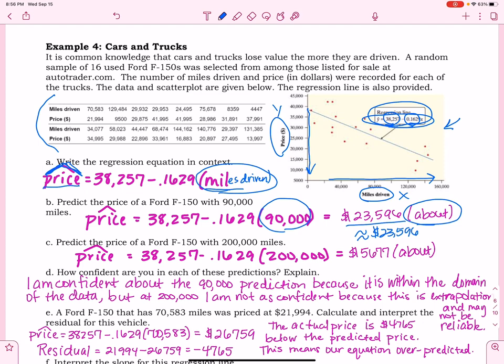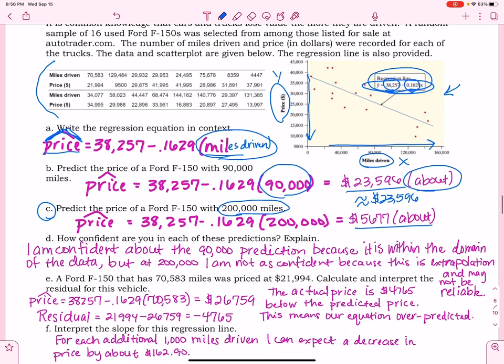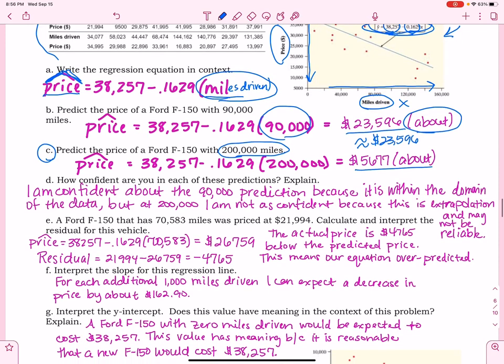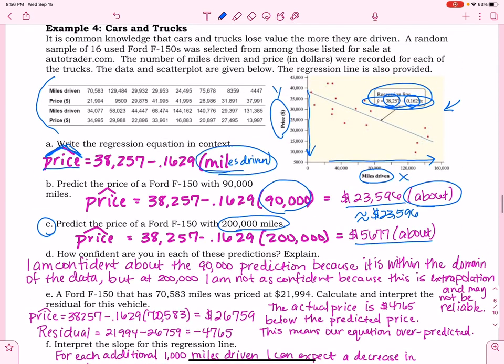All right, now on part C, we're predicting the price of a Ford for 200,000 miles. So then I get an answer here once I substitute that in. So why are we doing this? Well, if you'll notice in part D, I'm asking you how confident you are in each of these predictions. Well, I want you to notice the domain of my scatter plot. So this is my domain right here, right?